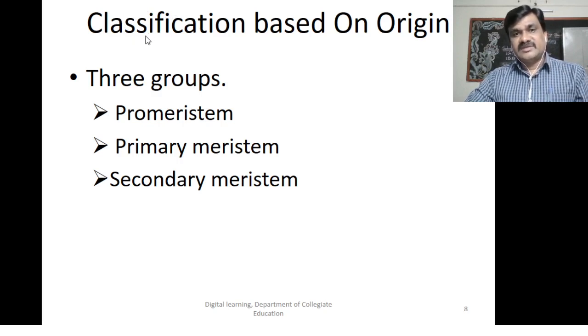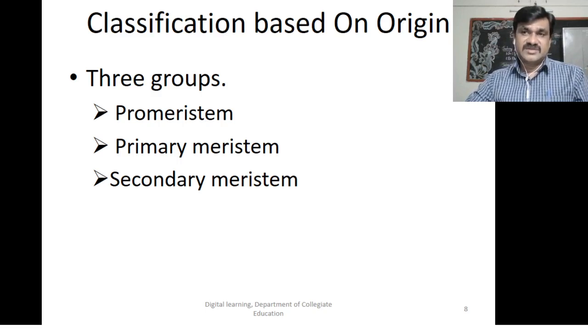The first criterion is classification based on origin of the cells. The second criterion is classification based on the function of the tissue. The third criterion is classification based on the position, that means locality of the meristems. So we'll discuss one by one.